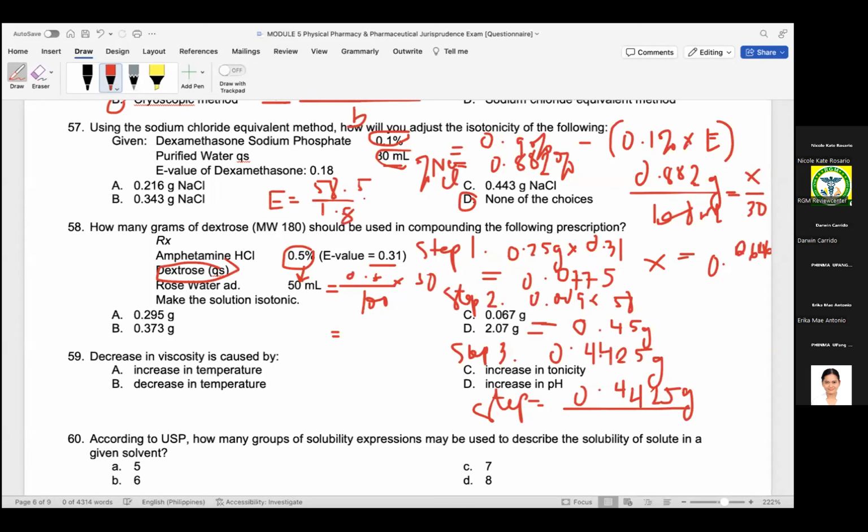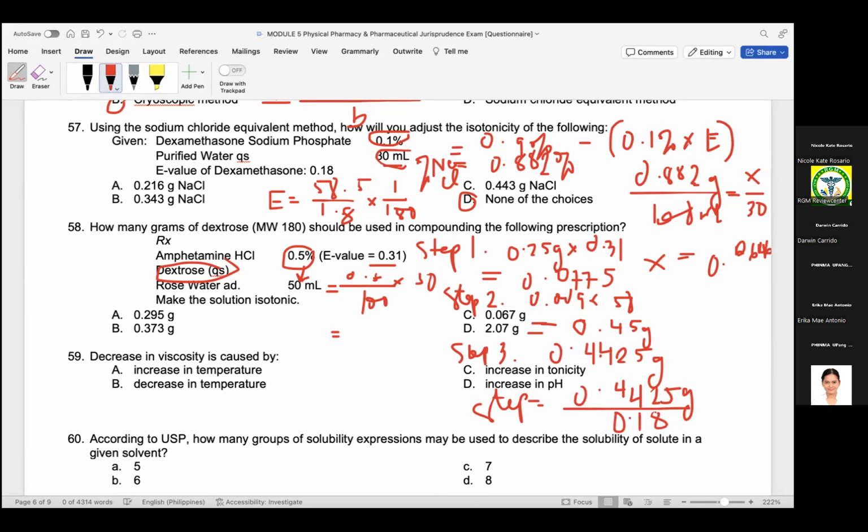Di ba? Ang dextrose, non-electrolyte, so 1 ang kanyang dissociation factor over 180. What is the answer here? 58.5 divided by 1.8 divided by 180. It's 0.18.